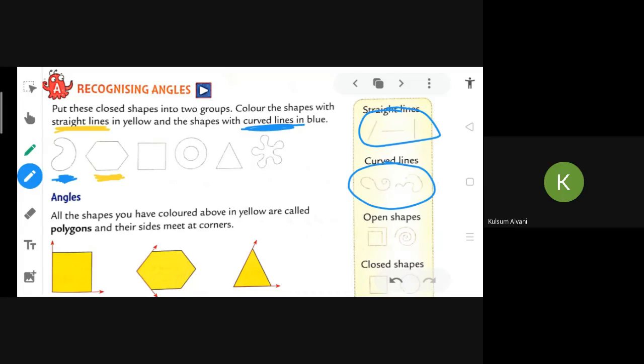I can't understand your question. Ma'am, all the shapes we written, you written downwards all the shape yellow in color. We have to draw in rough book only. Yes.